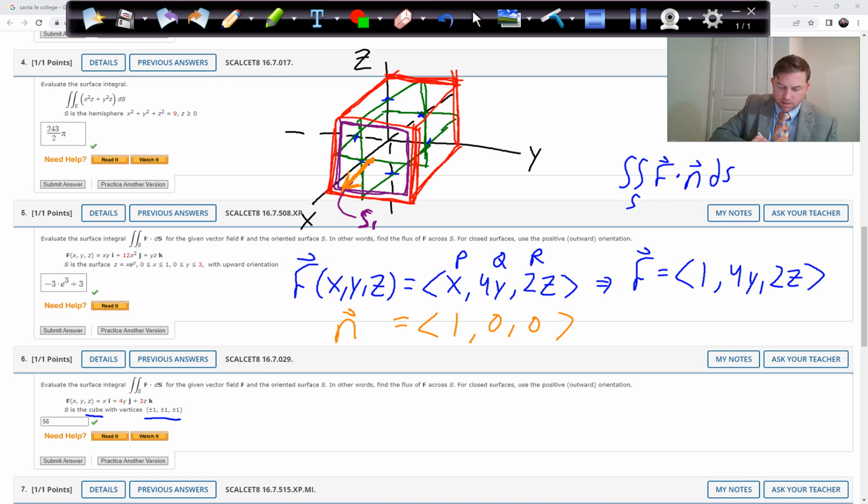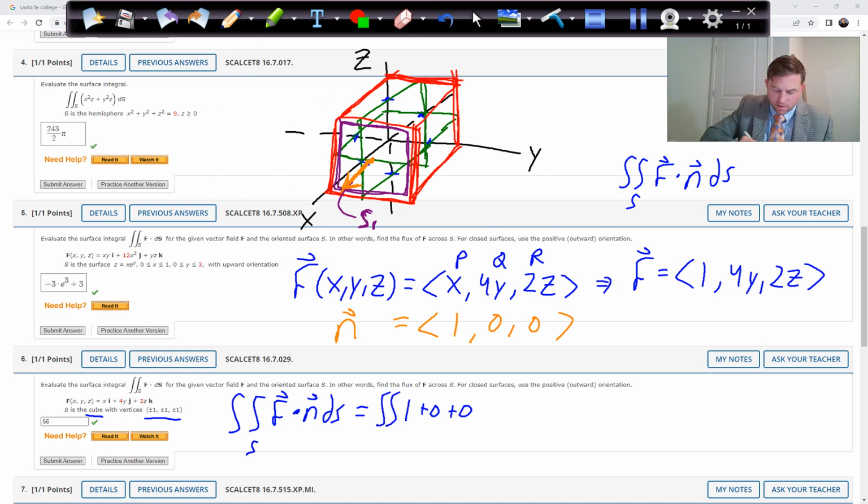So we basically get the dot product of these two things, that F dot n dS would equal, it's just going to be 1 plus 0 plus 0. Actually, I don't need a vector sign because the dot product of two vectors is a scalar. So we get the integral, and it's dy dz.